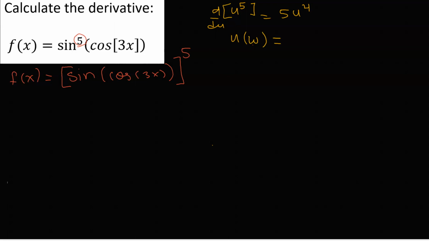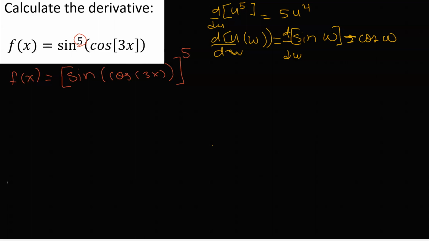So u would be sine of w, right? And then the derivative of that is the derivative of sine, which is cosine of w.